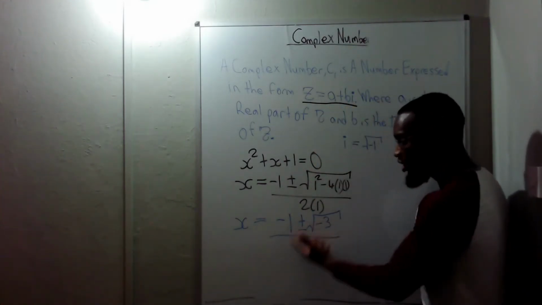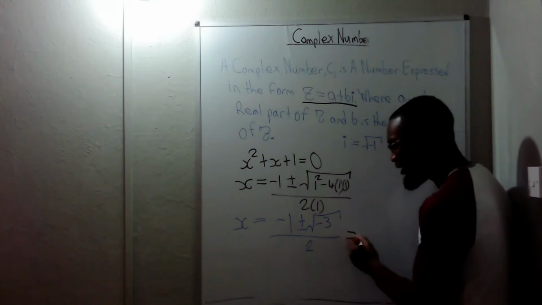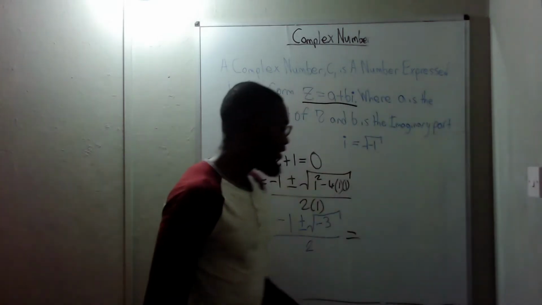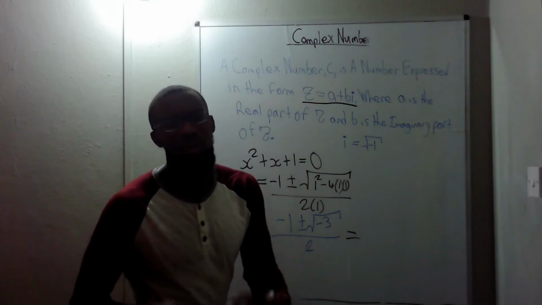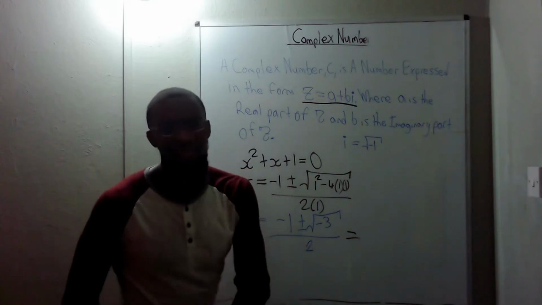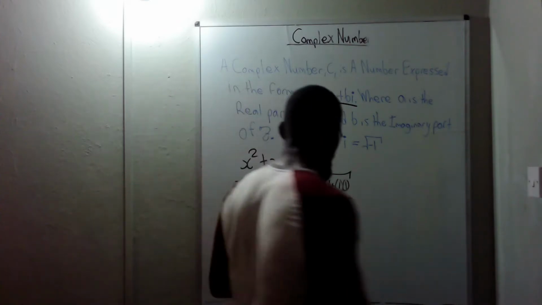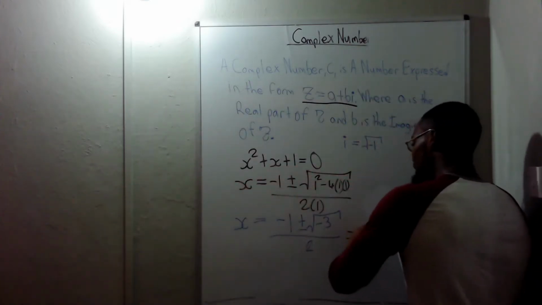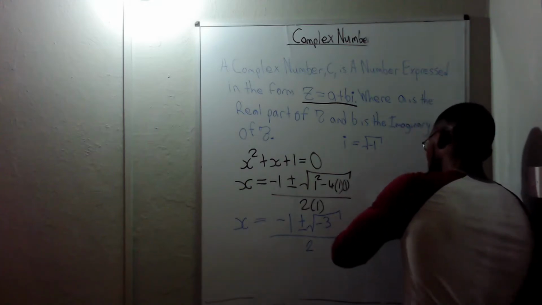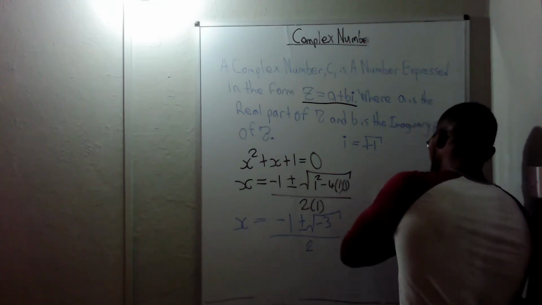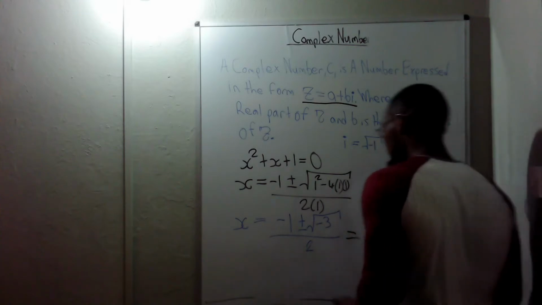Now when you're going to write this down, we know from surds that we can break up the square root of 3. We can break up negative 3 as the product of two numbers, negative 1 times positive 3. So we can write this as minus 1 plus or minus the square root of negative 1 times the square root of 3, over 2.